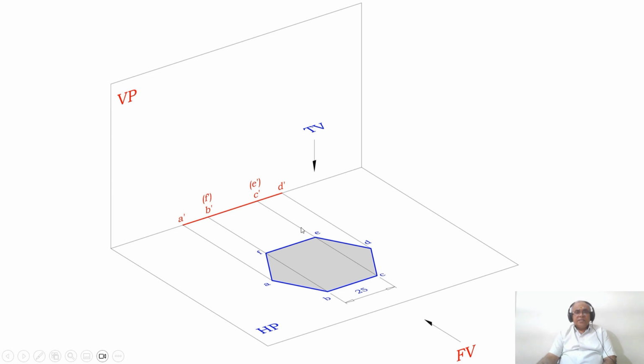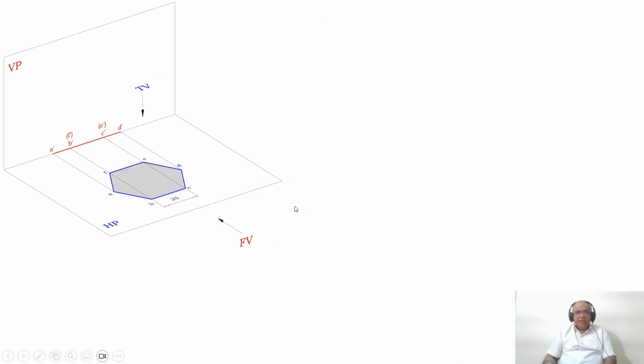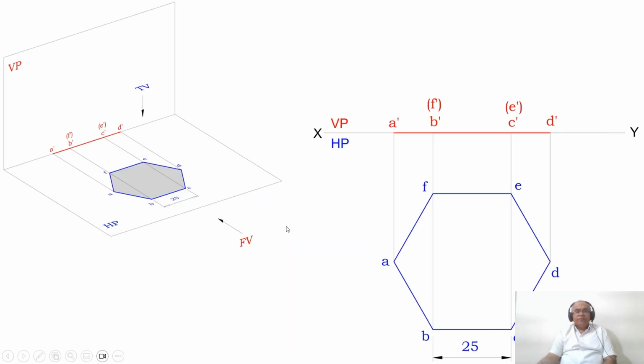So you have this as the initial position. Then how to write this in the sketchbook? First we are going to draw the XY line and you mark VP and HP.